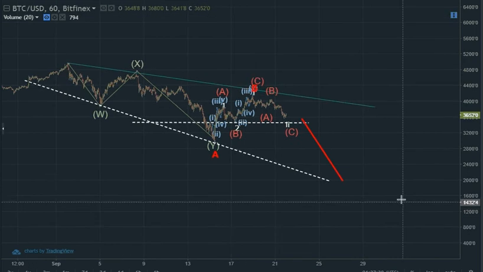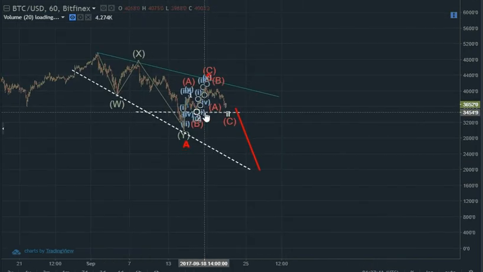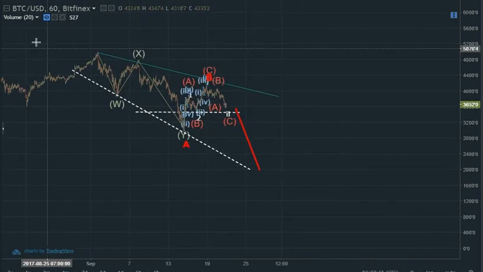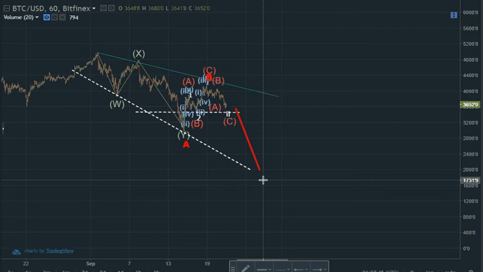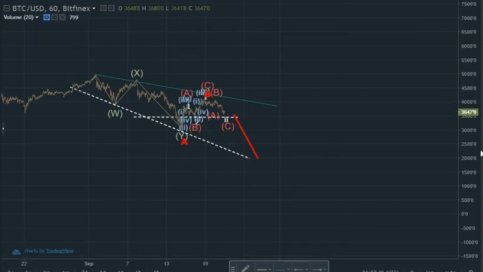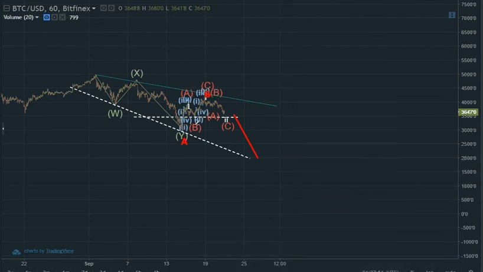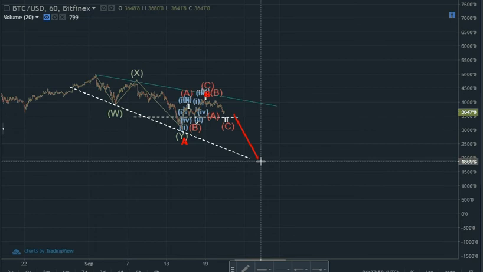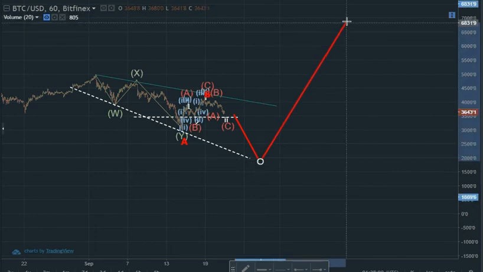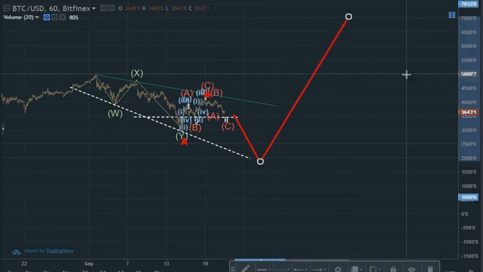The reason is if this is wave 4 down here, then I think wave 5 can take us to 7,000.